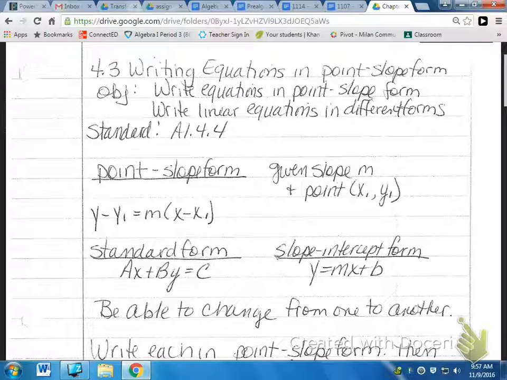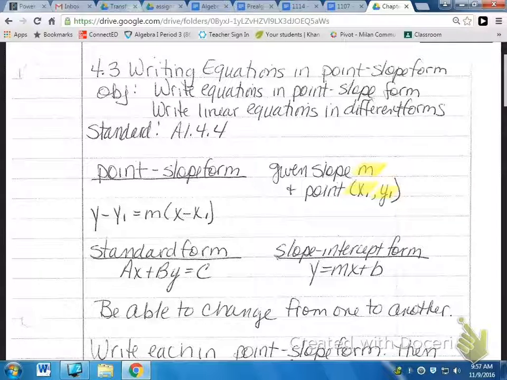So here's the point-slope form right here. You're given slope m and a point (x, y). So you will take these three numbers and you will plug them in these three spots.